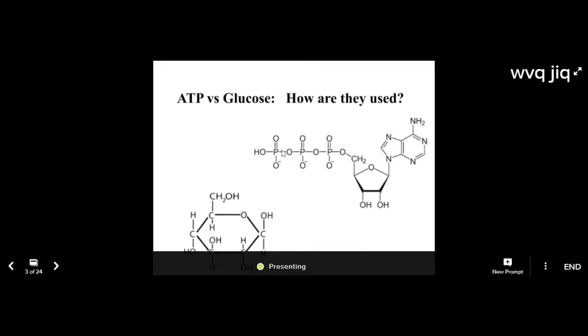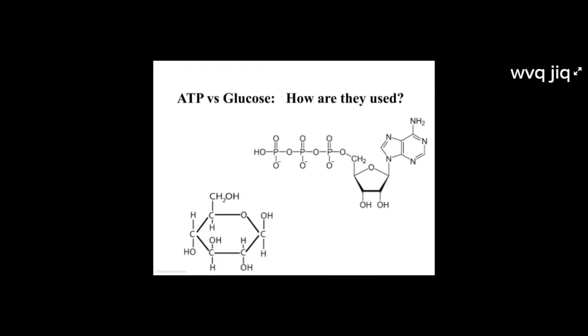Why is it that they're both defined as molecules that are really good for quick energy? Why is ATP so useful for immediate cell work, and glucose is not? Glucose has to go through thousands of reactions before the energy from it can be released, whereas ATP is right there when it's needed. So let me tell you why.